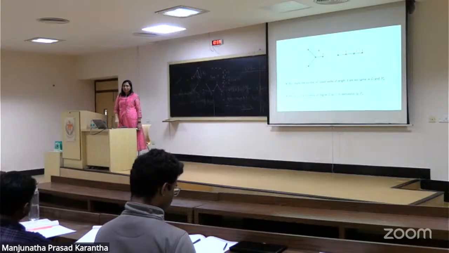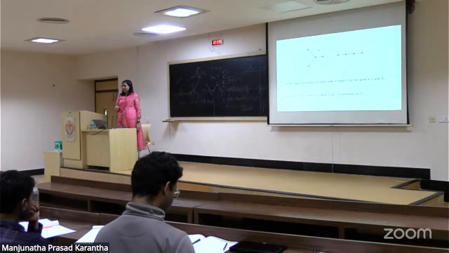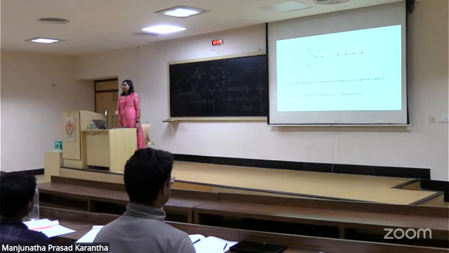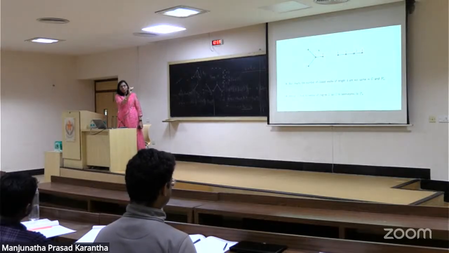That will give a longer walk. Or I can go from 1 to 2, then 2 to 3, and then come back. That will also give you one. So each edge will give me 1, and each path of order 2 will also give 1. From 1 to 2 to 3 and 3 go back. That will be 1.